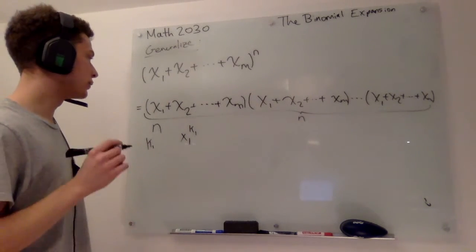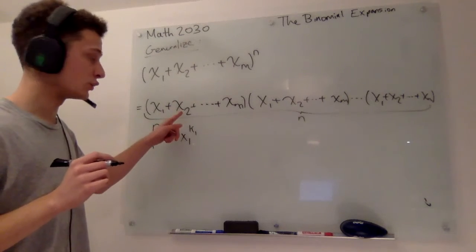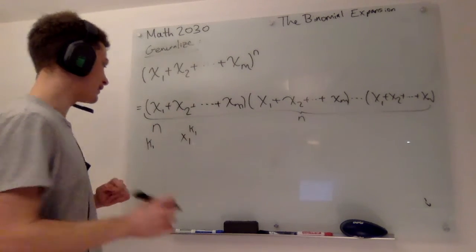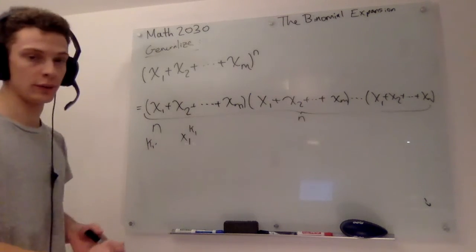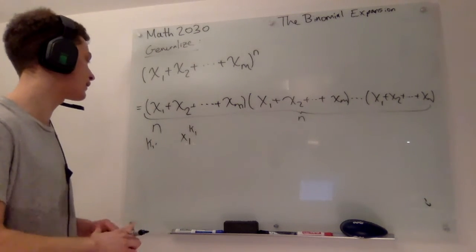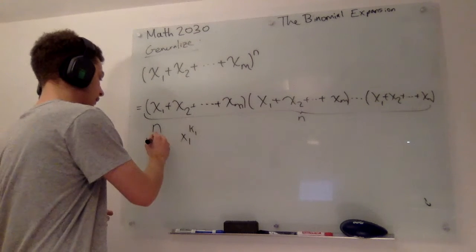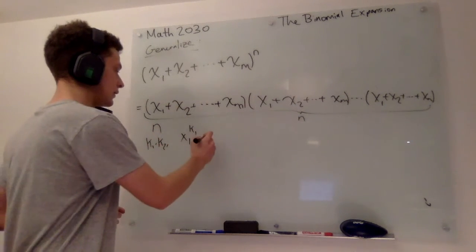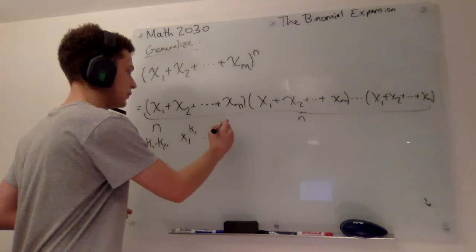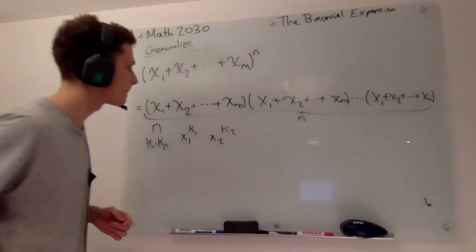Now we'll denote how many x2s we choose by k2. Now we can make use of our multinomial coefficients from previously in the course, and we know that we get n choose k1, k2 times x2^k2.